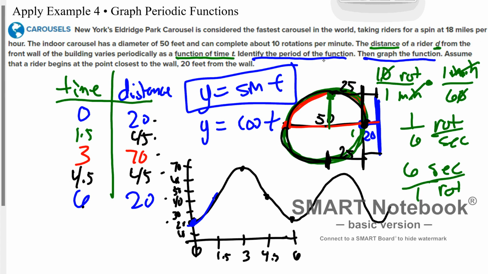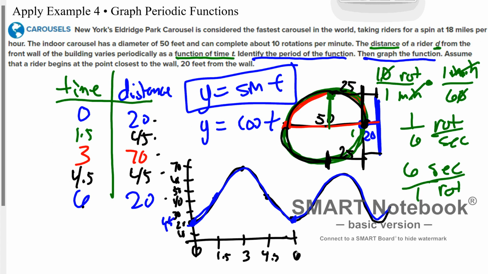And what's the period of the function? We can see that every 6 seconds it has the same pattern from 20, 45, 70, 45, 20, and then again 45. It starts repeating.